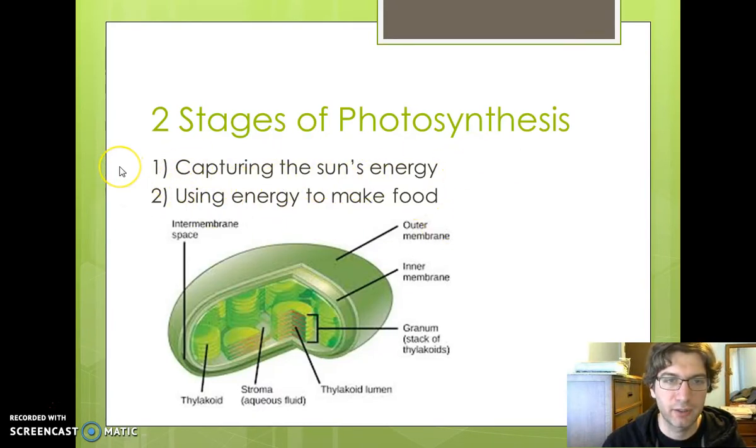Your first stage is about capturing the sun's energy. That is your light-dependent stage. It depends on light. Inside these organelles, these chloroplasts, you do have these structures here, thylakoids, that will capture the sunlight and process it.